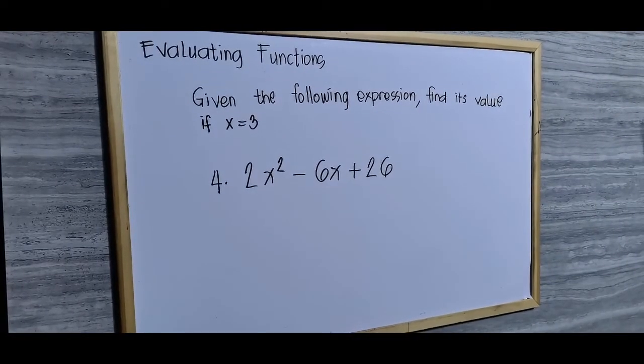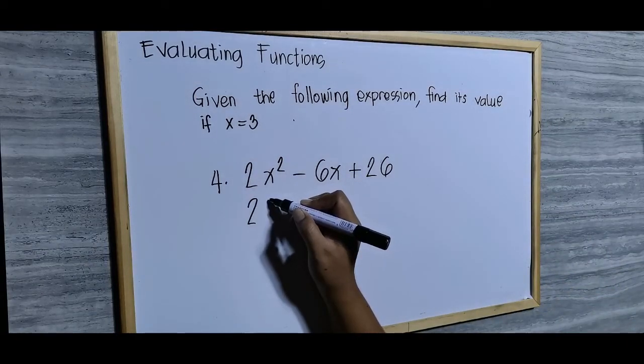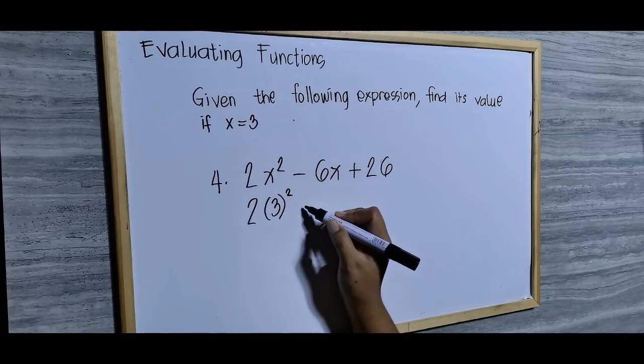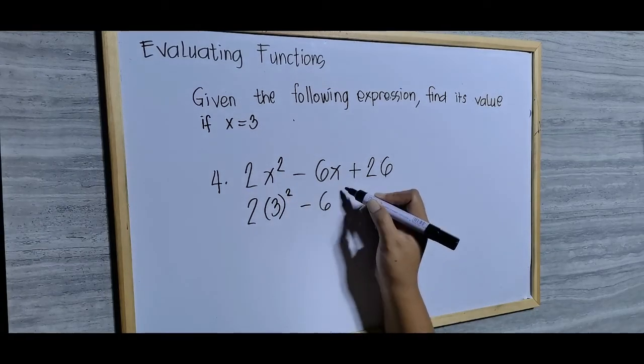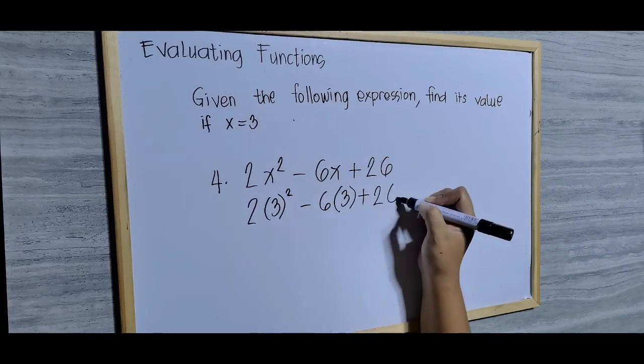For the next example, we have 2x squared minus 6x plus 26. Again, our first step is to replace each letter in the expression with the assigned value, which is positive 3. So we will now have 2 multiplied by 3 quantity squared minus 6 multiplied by 3 plus 26.